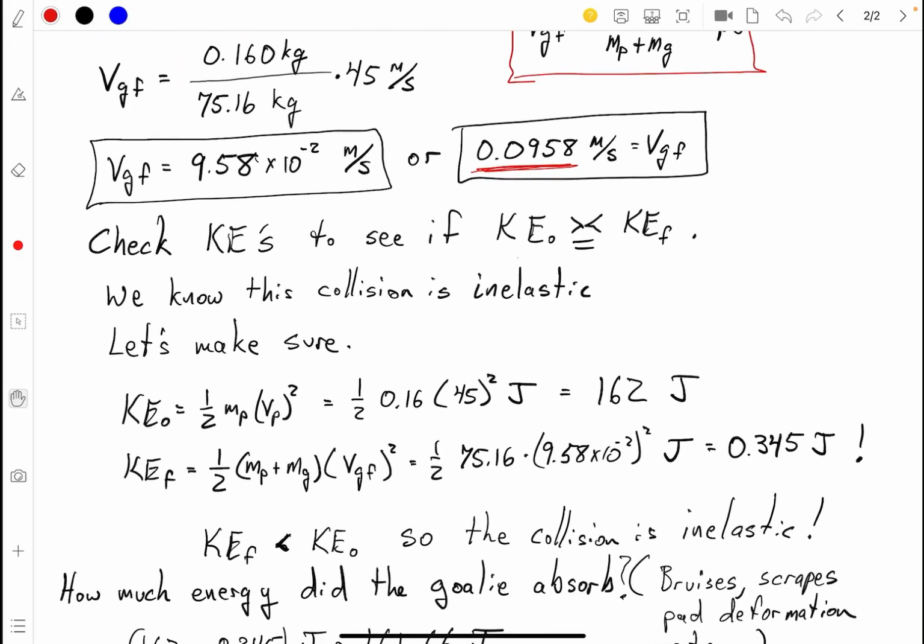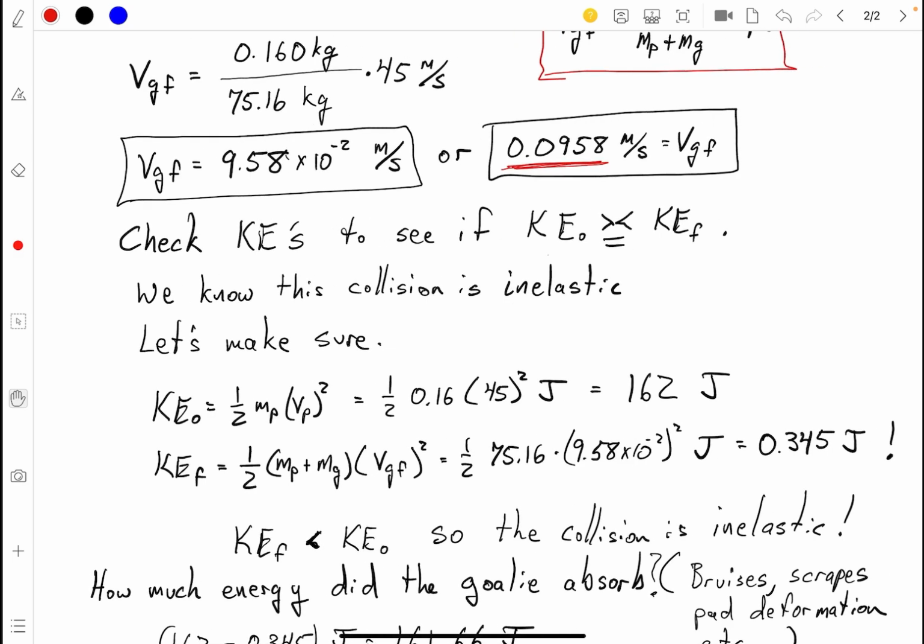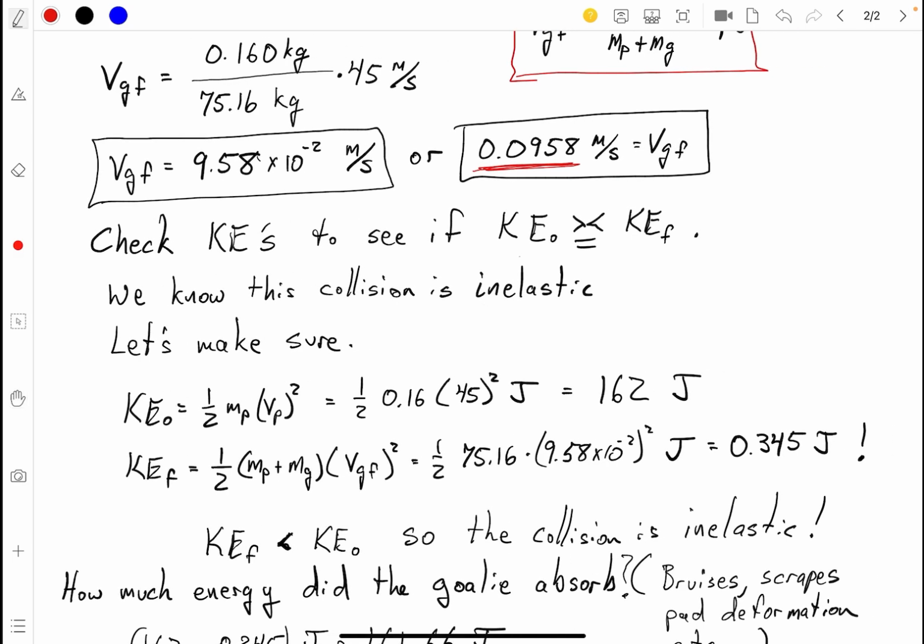Now, let's check our kinetic energies to see if kinetic energy initial is either less than, greater than, or equal to kinetic energy final. And we know that this collision is inelastic, so let's just make sure that we get what we want. So initially, we have this kinetic energy. That ends up being this, which, if we do the calculation, is 162 joules. All right? So that thing's flying through the air, going at our goalie, and the goalie absorbs it.